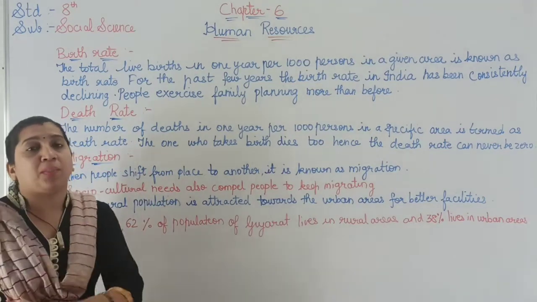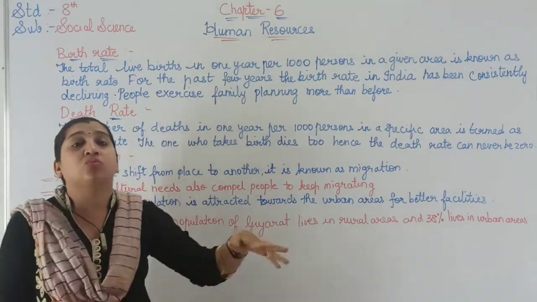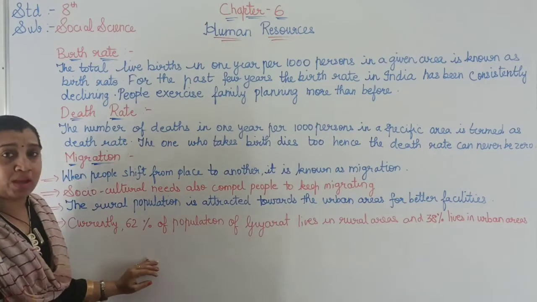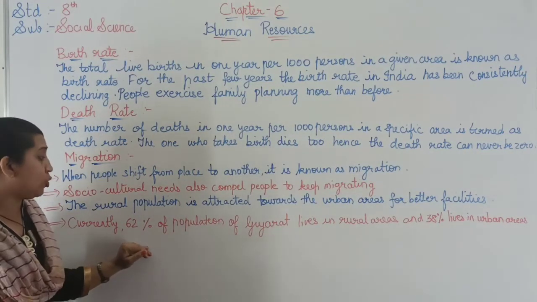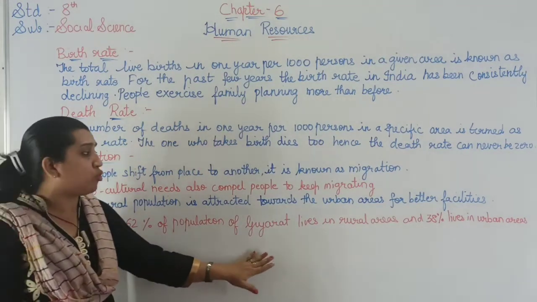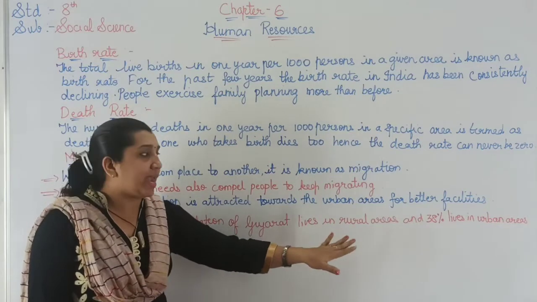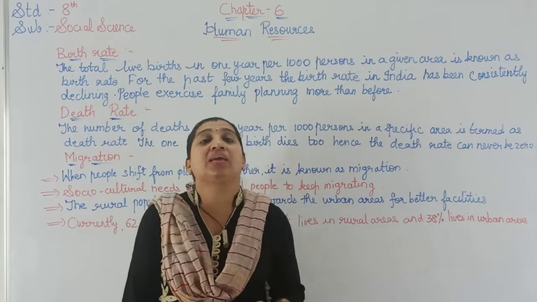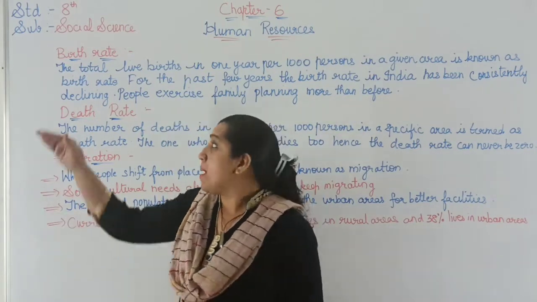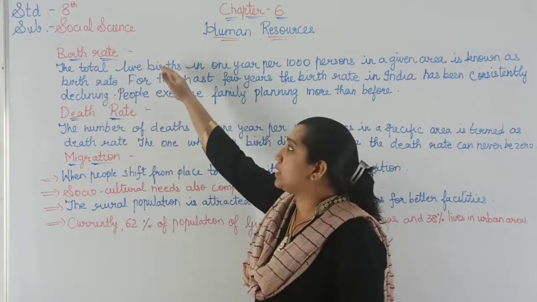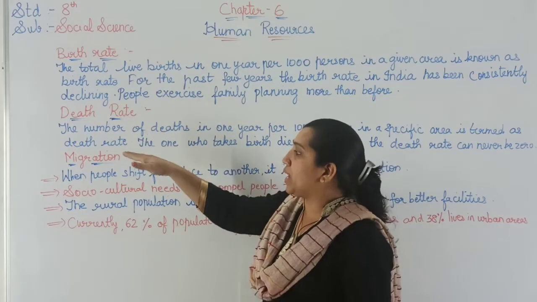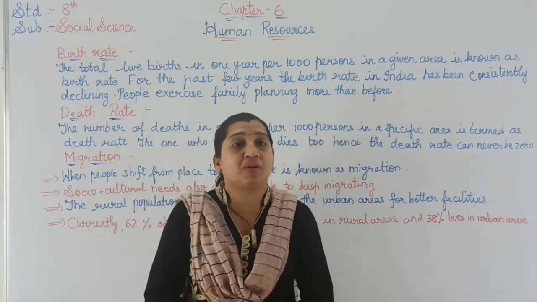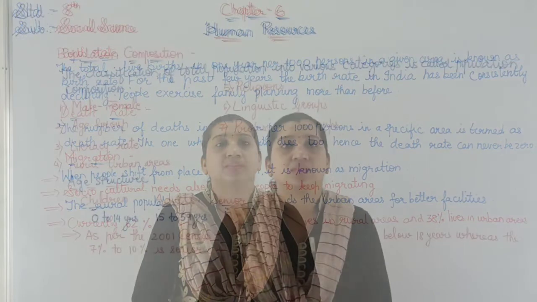The villagers are moving to the metro cities. Currently, 62% of the population of Gujarat lives in rural areas, while 38% of the people are living in urban areas. So in this way, we are able to see the death rate, birth rate, and the migration of people from one place to another.